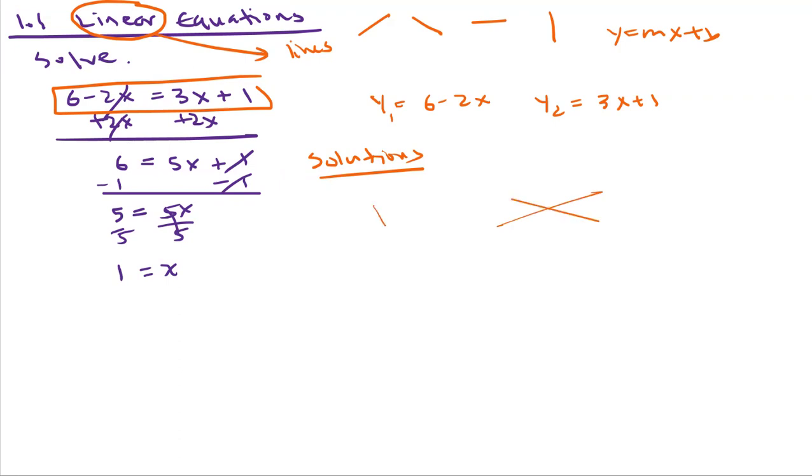That's one possible solution. Another one is this one. You might have a graph that looks like this, or you might have a graph that just looks like this. In this case, these are parallel lines.